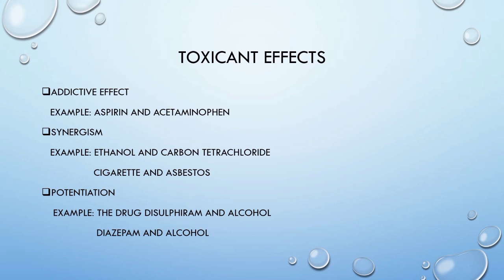But in the presence of these two chemicals in the body, one will increase the effect of the other. In synergy, both of them are affecting the same organ or the same toxic effect in the body system, so they just work together on that body system. And in potentiation, one may not really have a toxic effect on the body system, and the other one may have a toxic effect on the body system.